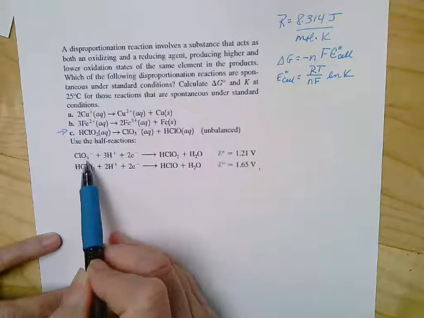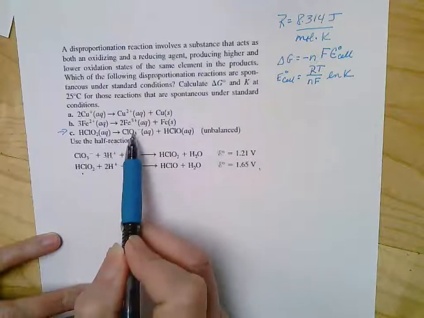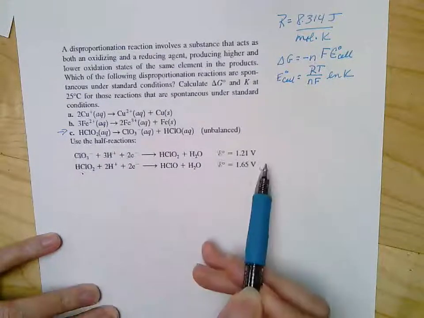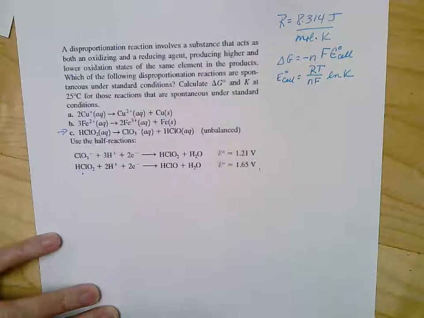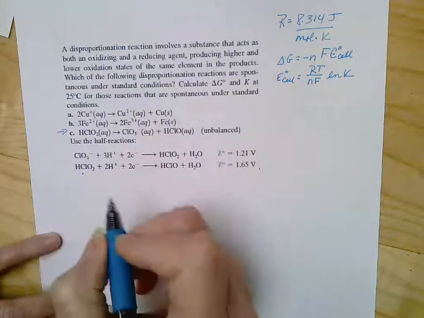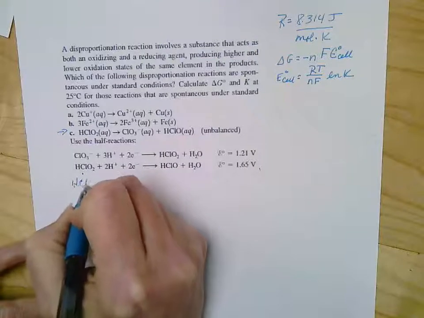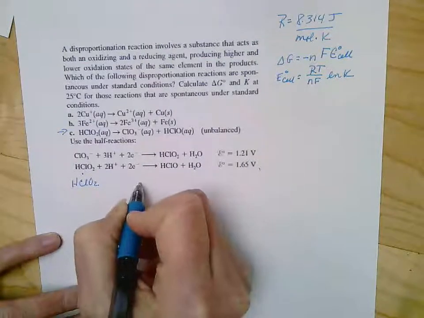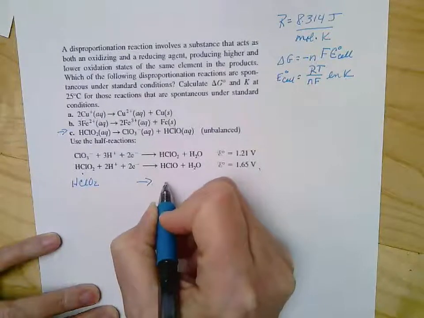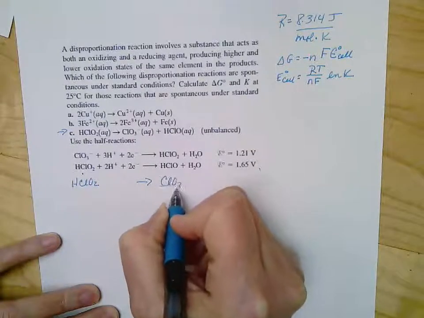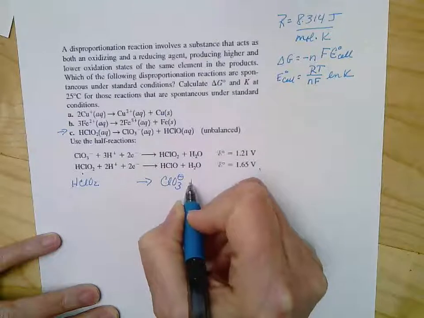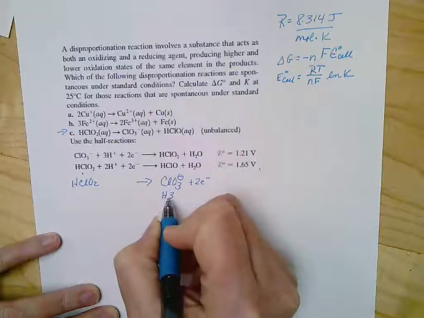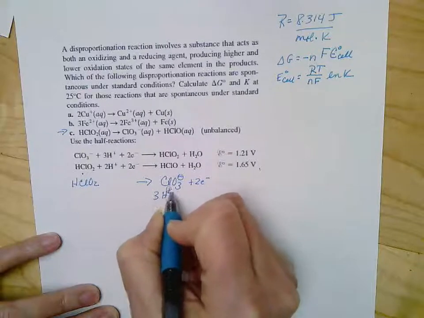And so HClO2 here is a product. Here I have it as a reactant. So I need to flip this reaction over. And so I'm going to write HClO2, and I don't really care about the water, is going to give me ClO3 minus plus 2 electrons plus 3 H's.